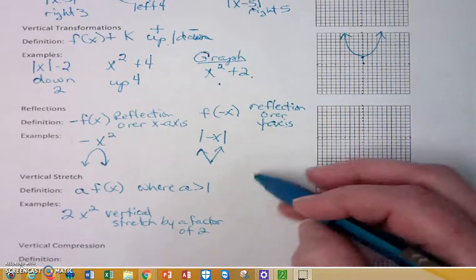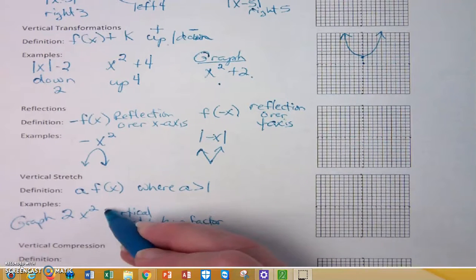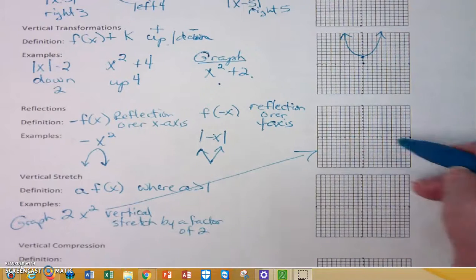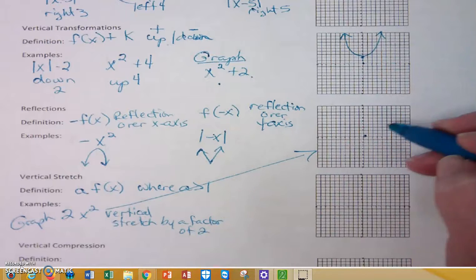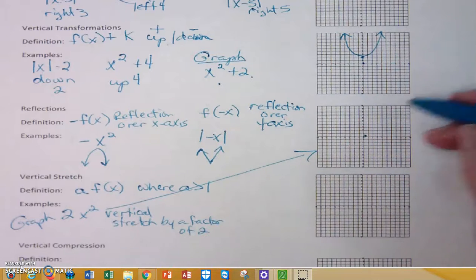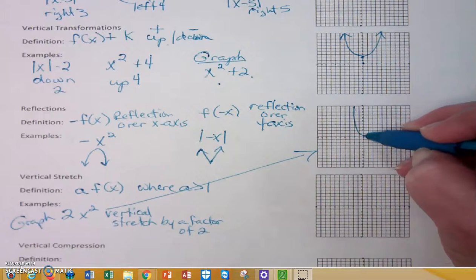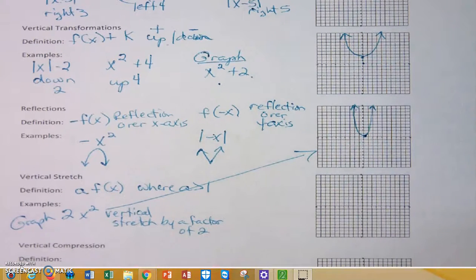So on our graph, here's my origin. It's just going to make it skinny. Remember, if you have a number greater than 1, your graph is going to be skinnier. So I'm going to have a skinny parabola. It is going to be vertically stretched towards the y-axis.